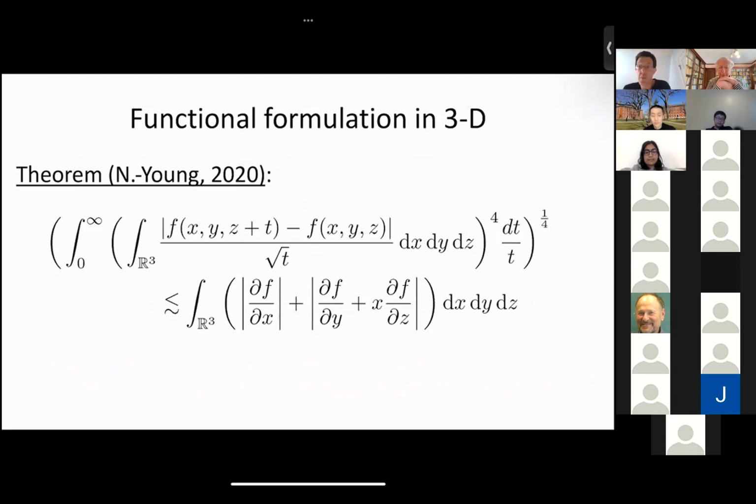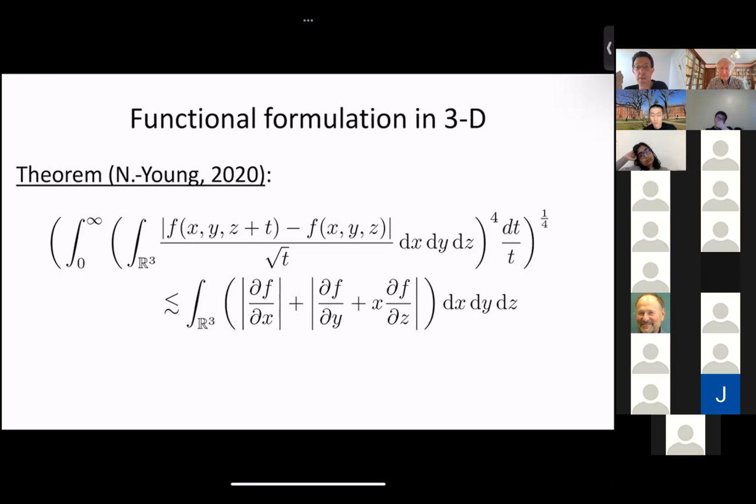And this is the functional formulation. So if you look at the left-hand side, or the top row, you have a function to the real line, and you look at f of x, y, z plus t minus f of x, y, z. You look at the absolute value, you normalize by root t, raise to the power of 4, dt over t squared.